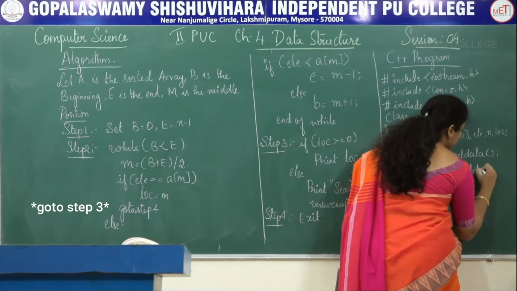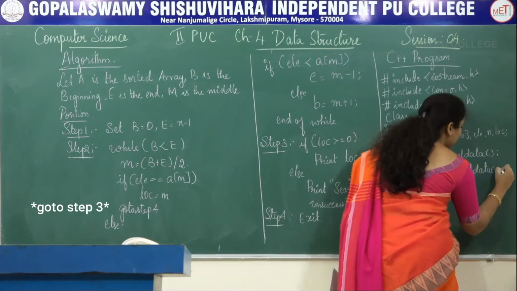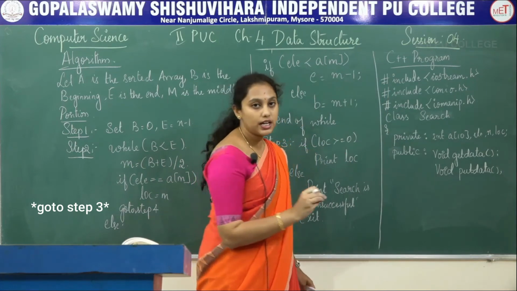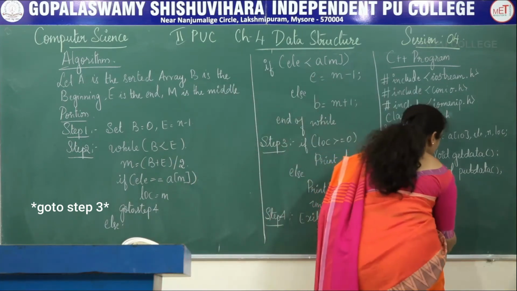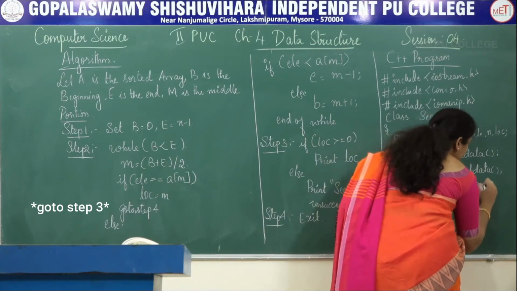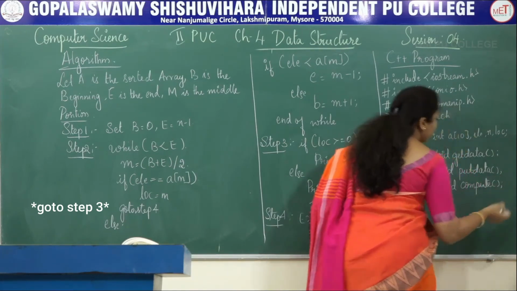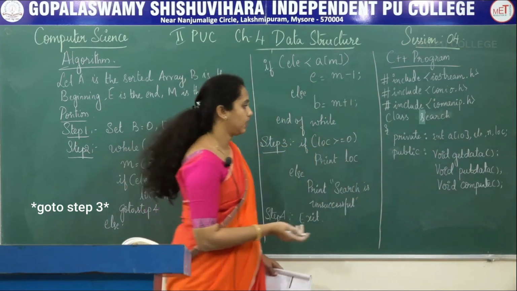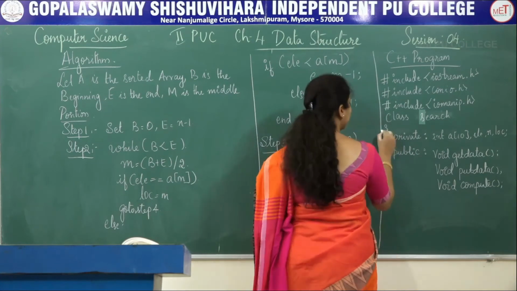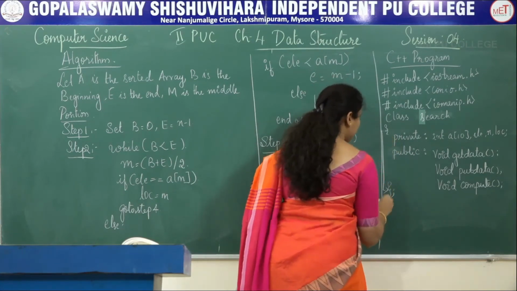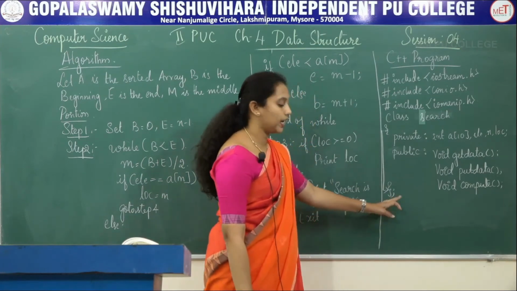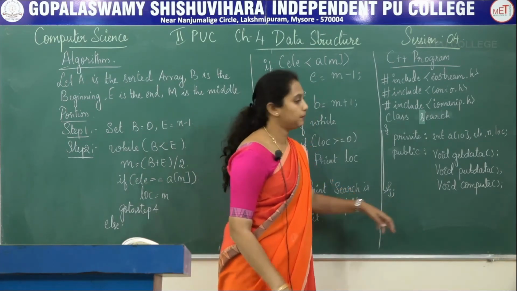Put data function is used to display the data on the monitor. Next is void compute function, used for calculations. And end the class by closing the curly bracket with a semicolon.